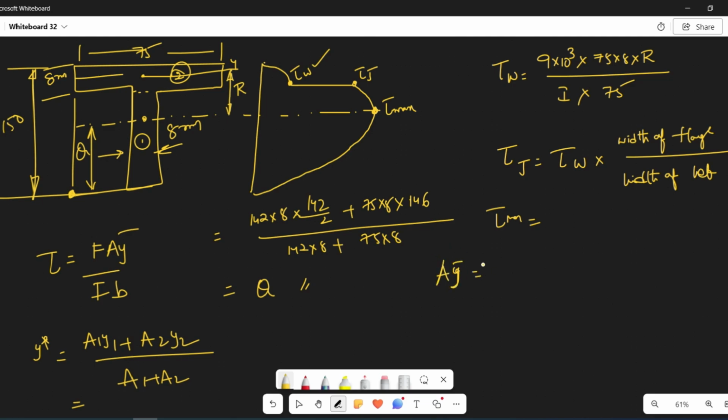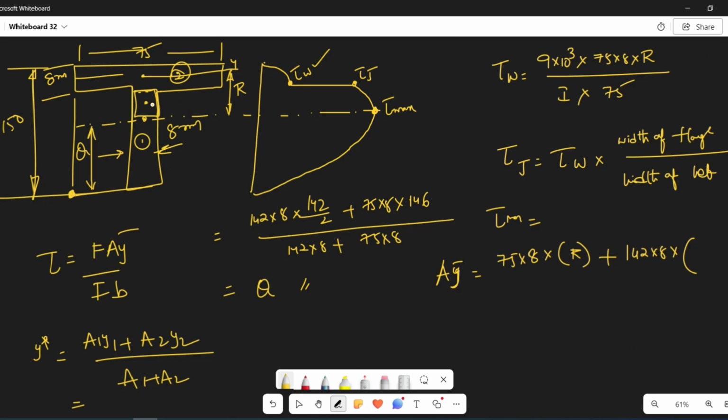A y bar: find that. 75 into 8 is the second one's area multiplied by the distance, this distance R, plus the second one's area is 142 into 8 times half of this, because this alone will have its own individual CG, because we are trying to find the shear stress at that particular location.